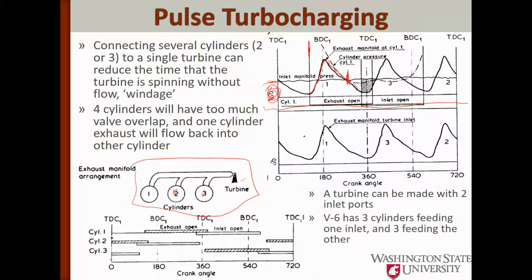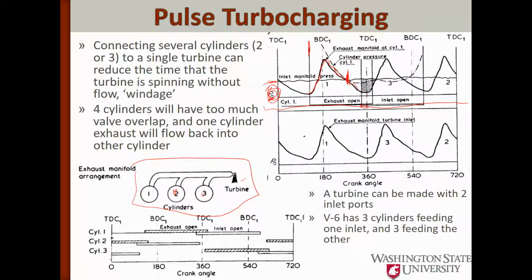And the goal here is this crossover point. We want that crossover point to occur before the inlet valve opens for the next cycle. That way the fresh air will actually help push the last remaining air out of the cylinder and into the exhaust.